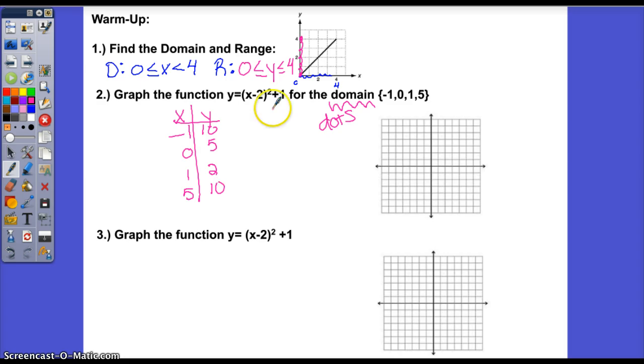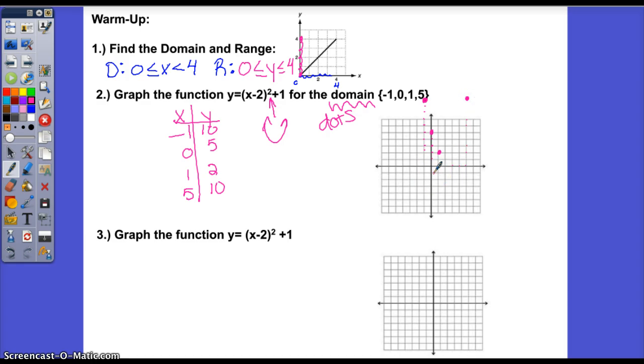So when you graphed it, because it was squared, you knew it should somewhat look like a U, but not connected. So you can kind of see the U shape.